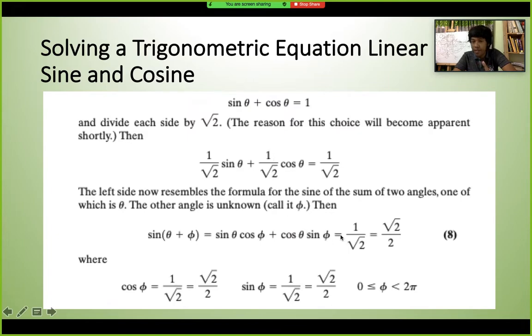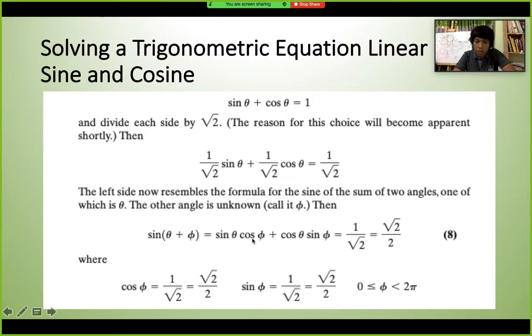And we know that 1 by root 2 is the value of 45 degrees for sine and cosine both. So same angle. The target is the same angle, we have to keep it the same angle. That's why they multiplied the whole thing by 1 by root 2. And this side we do not have to care about initially. Later this will also come into consideration.